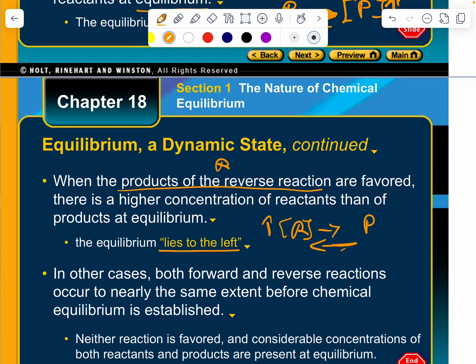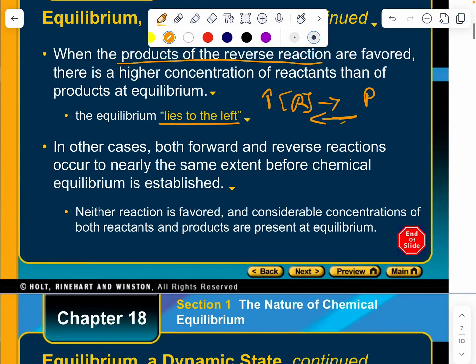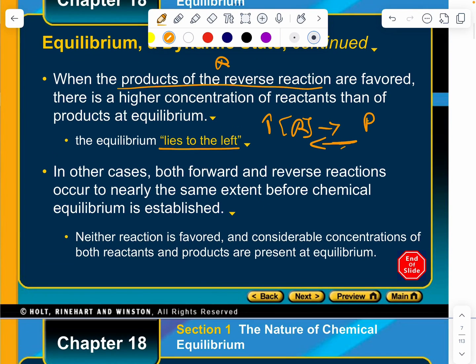So it's about concentrations. The higher the concentration of reactants, the more the equilibrium goes to the left. The higher the concentration of products, the more the equilibrium goes to the right. Great. But if we have equal amounts, this means that neither reaction is favored.